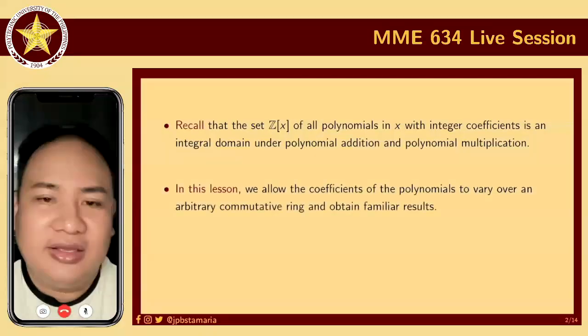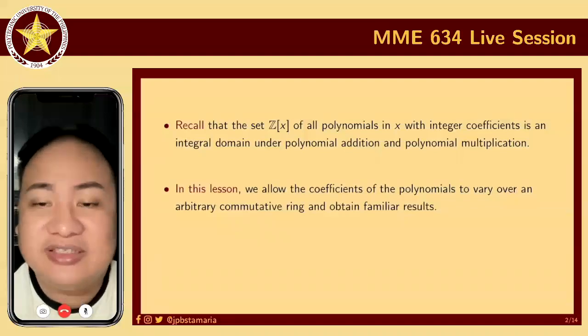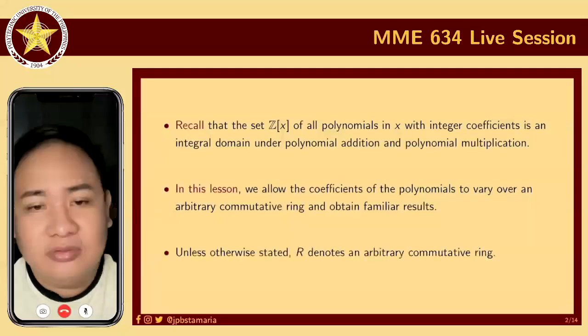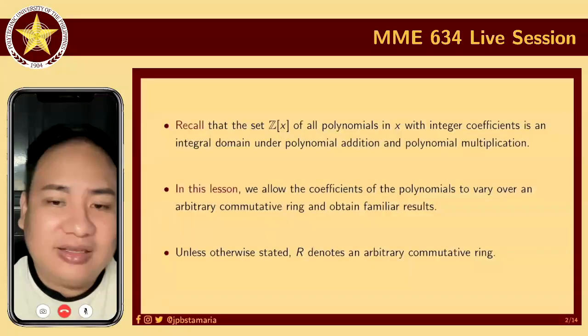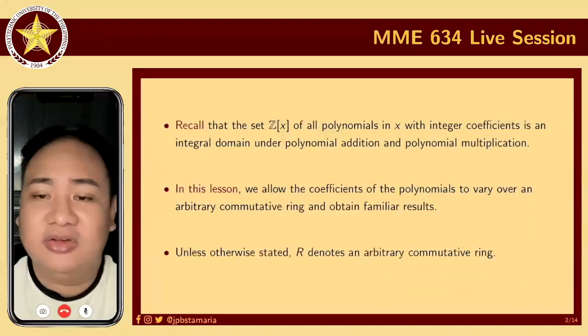In this lesson, our objective is to form a ring consisting of polynomials whose coefficients vary over an arbitrary commutative ring. Right? So in this lesson, when I write R, I always mean an arbitrary commutative ring.